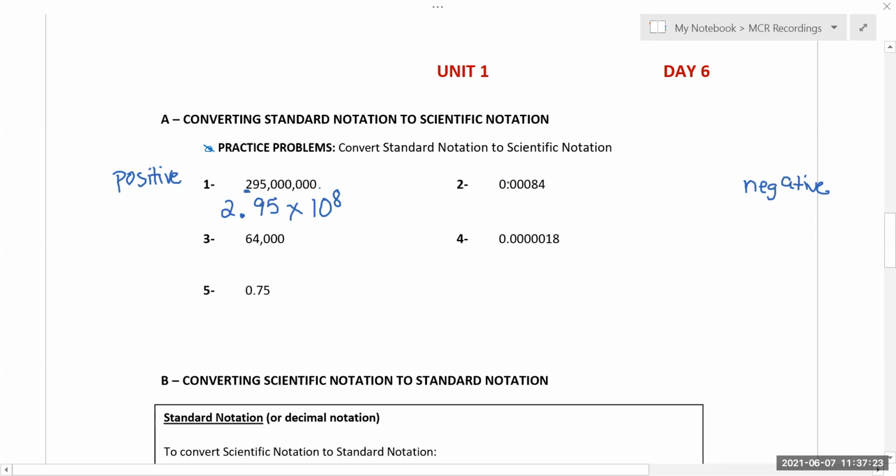Then for this one, I'm going to move it until I have just one number in front of the decimal. So that's 1, 2, 3, 4. And because it's a smaller number, it's going to be a negative. This one, I'm going to move until it's 6.4. And then I move the decimal 1, 2, 3, 4 spots.